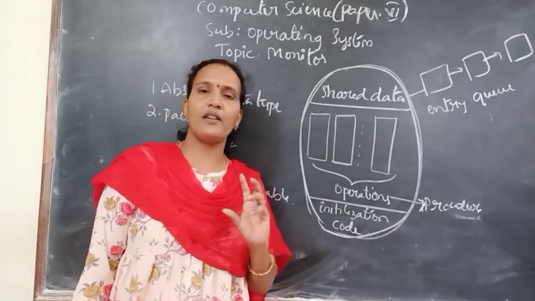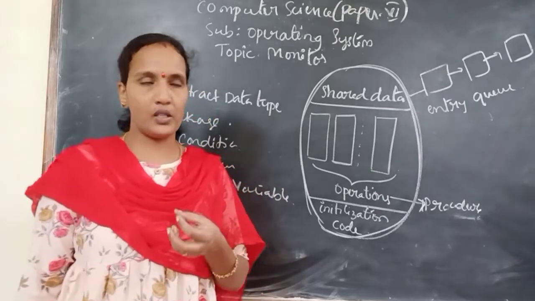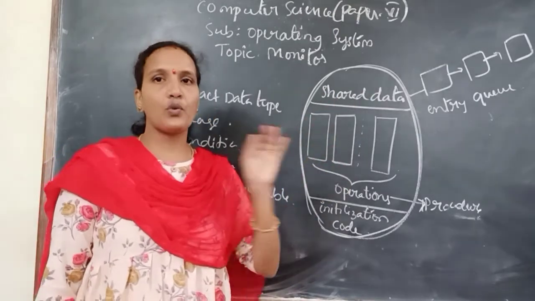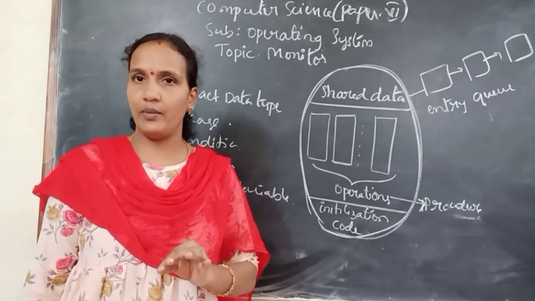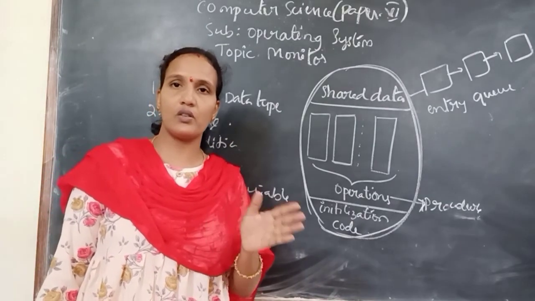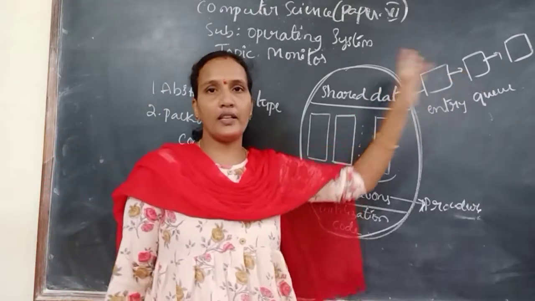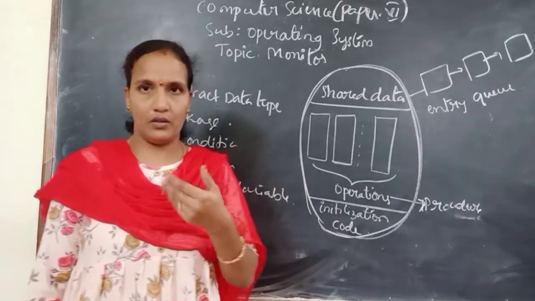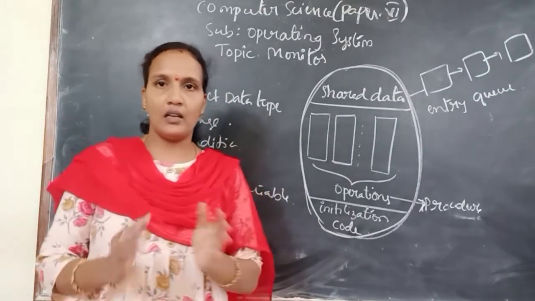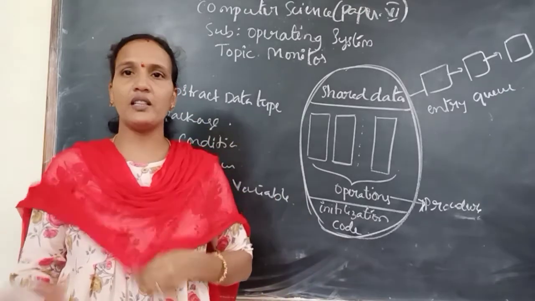Whenever any process wants to use any common resource, first it should check whether the resources are available or in an idle mode. If the resources are busy, then the process needs to wait. If the resources are available, meaning they are in an idle state, then the process can enter the monitor.